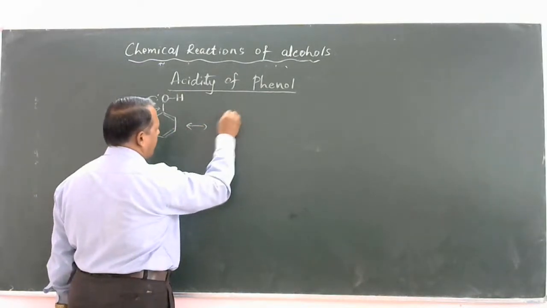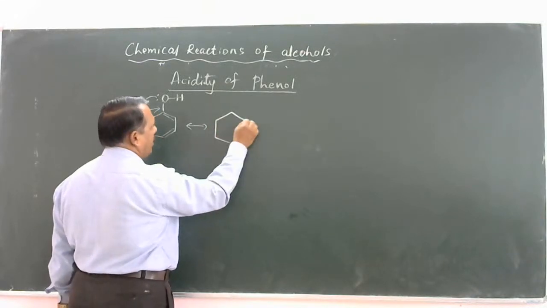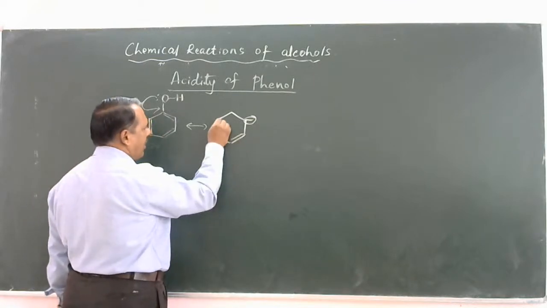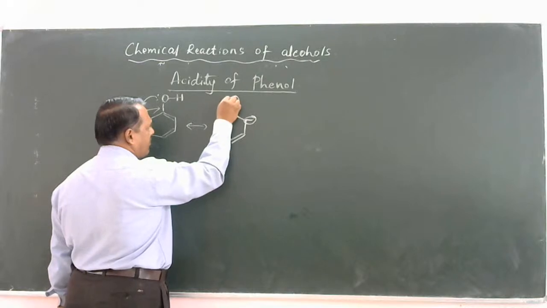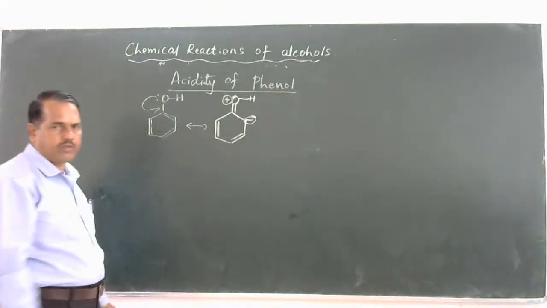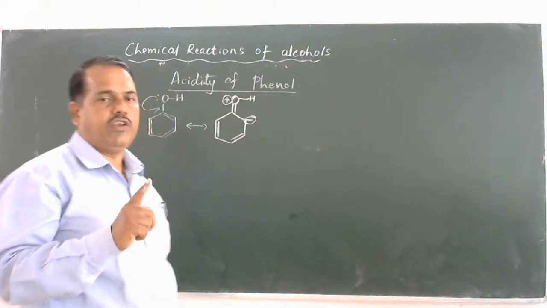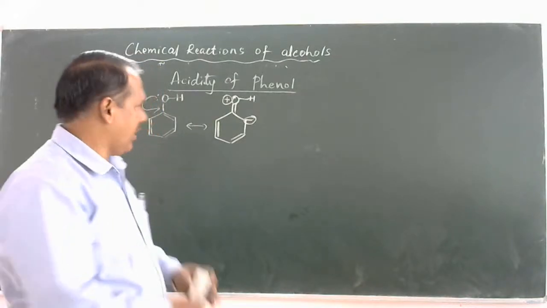The next resonance is, say, here it is minus and this bond will come here and here it is a double bond, with partial positive charge on the oxygen atom and this is H. Are you clear? To explain the acidity of phenol, you have to write the structure neatly.